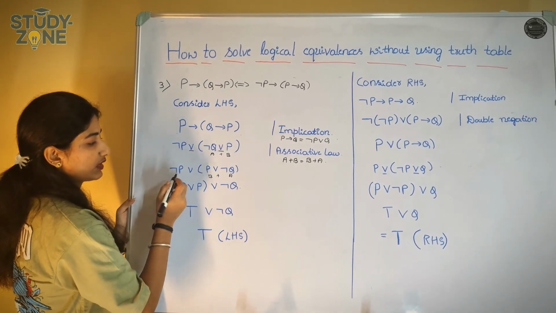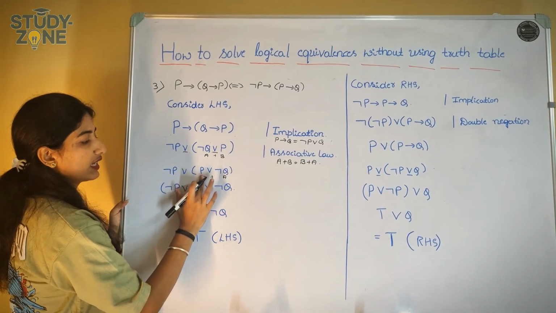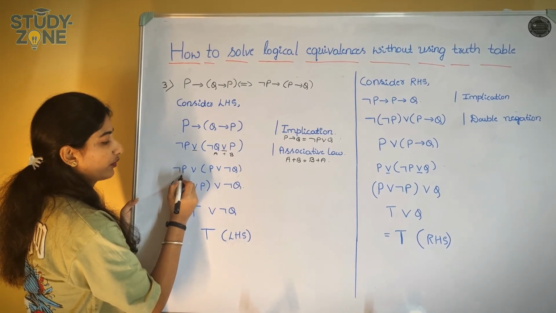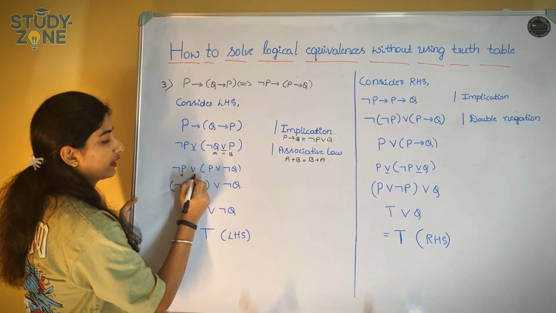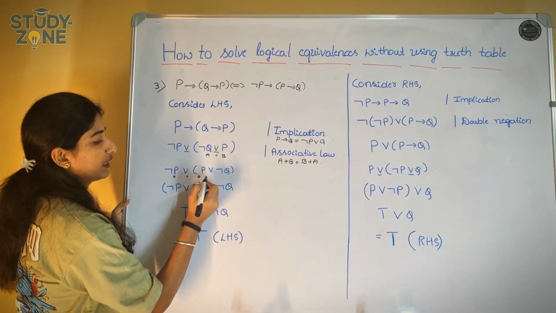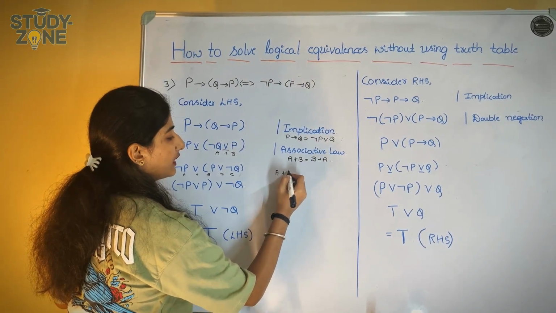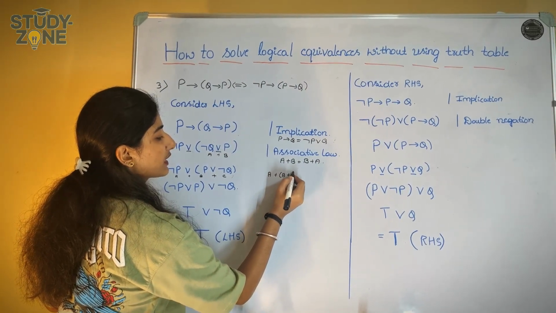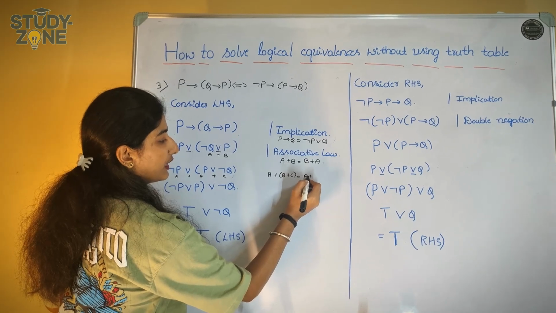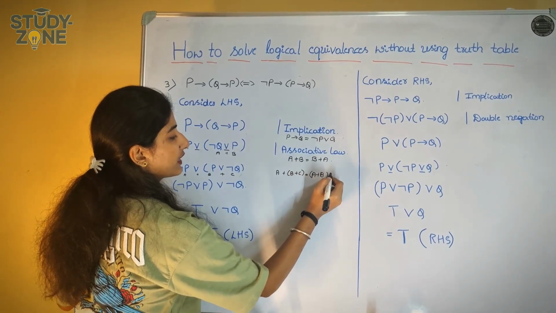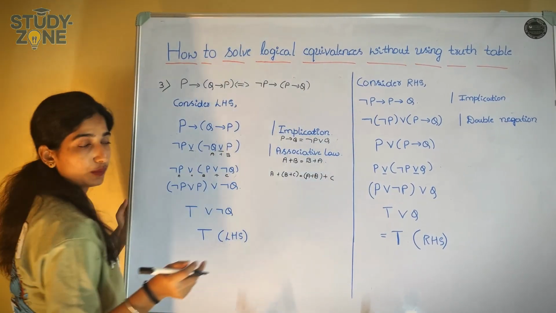Since it is of the format A plus B plus C, which means A plus B plus C can be written as A plus B plus C, right, under associative law.